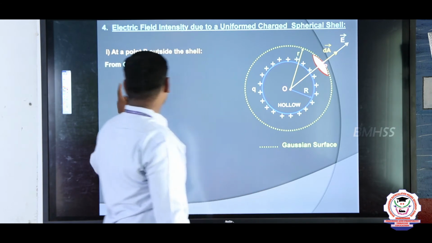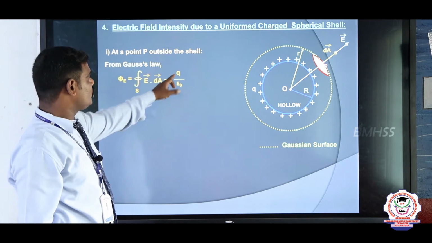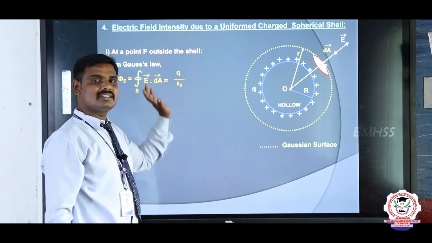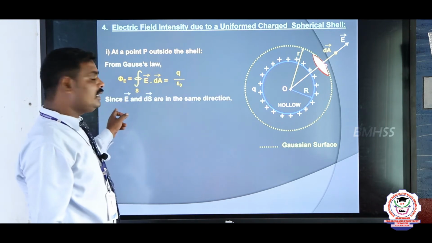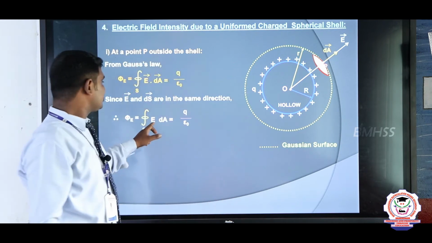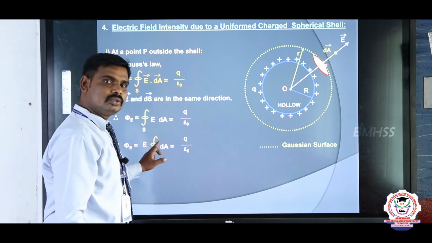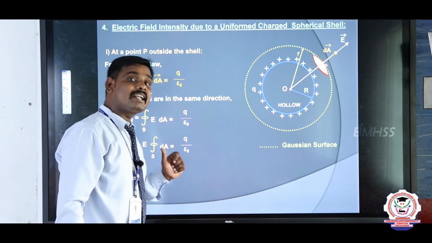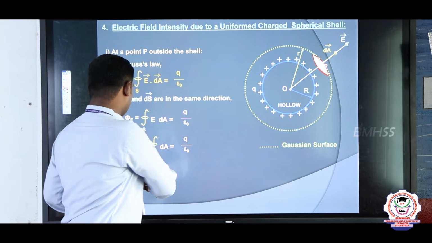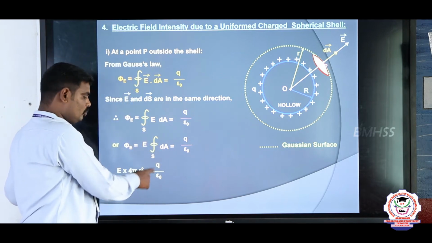From Gauss law, the flux, E into dA, is equal to Q by epsilon naught. First we find the flux, then we take the charge. E and dA are in the same direction, so E into 4 pi r square is equal to Q by epsilon naught.